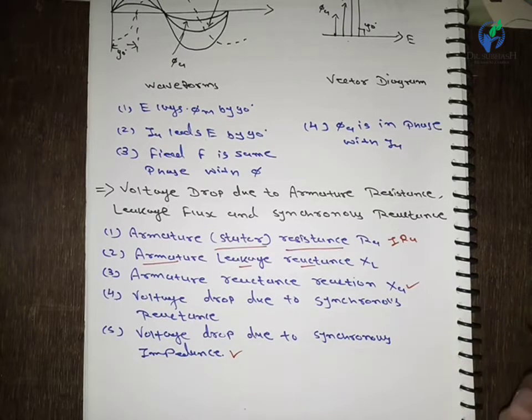Now the second point is armature leakage reactance. The armature current sets up a flux, and a portion of it does not cross the air gap but has a path completed in the stator itself.